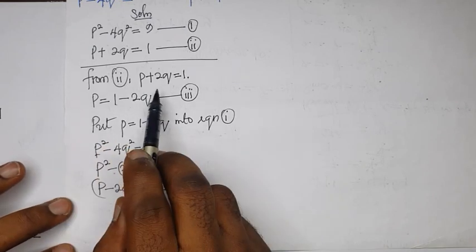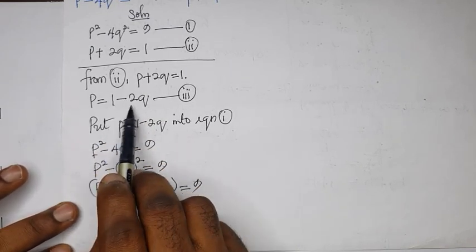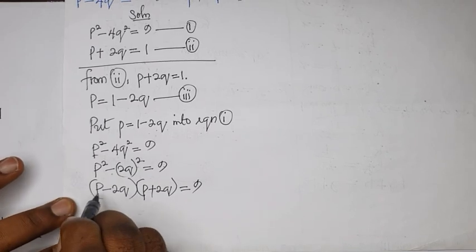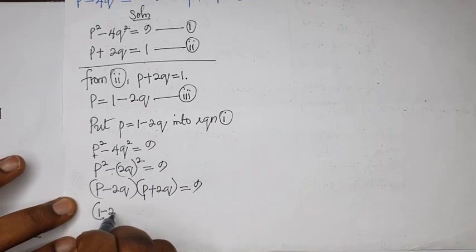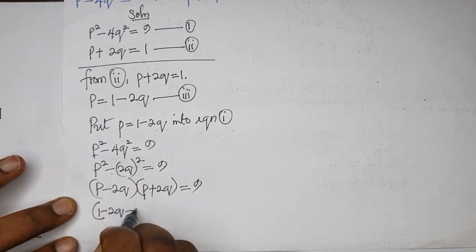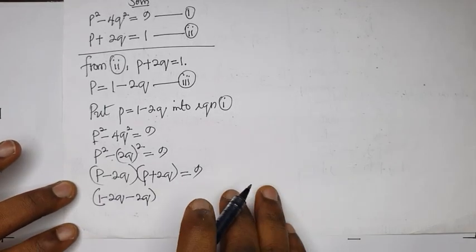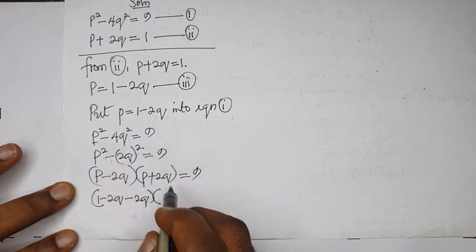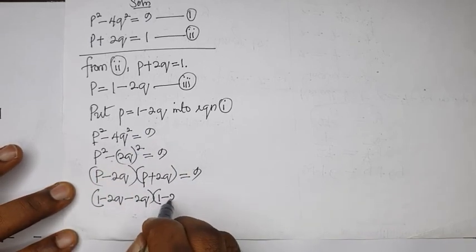With p being 1 minus 2q, this bracket will change to 1 minus 2q, minus the 2q in the bracket, close the bracket, open a new one, p again. Remember, p is 1 minus 2q, so I'll bring it again, 1 minus 2q.